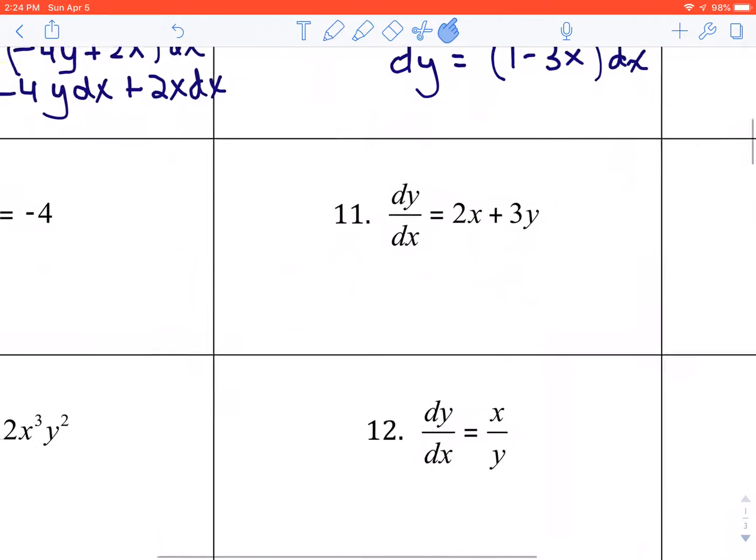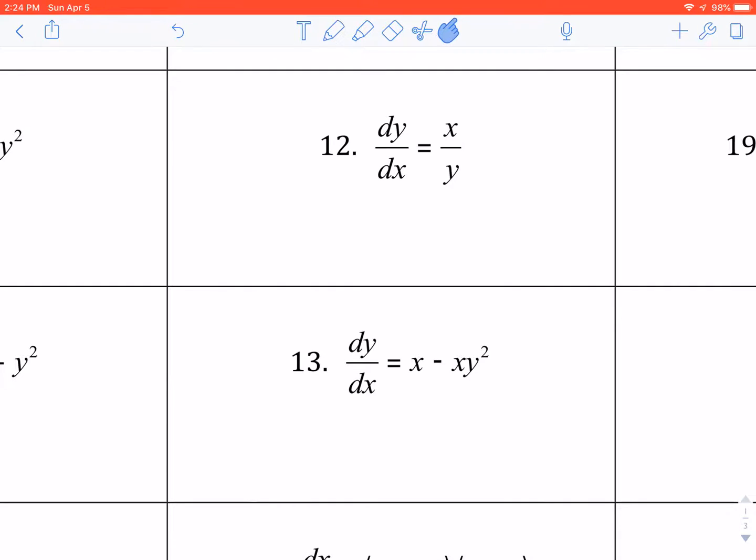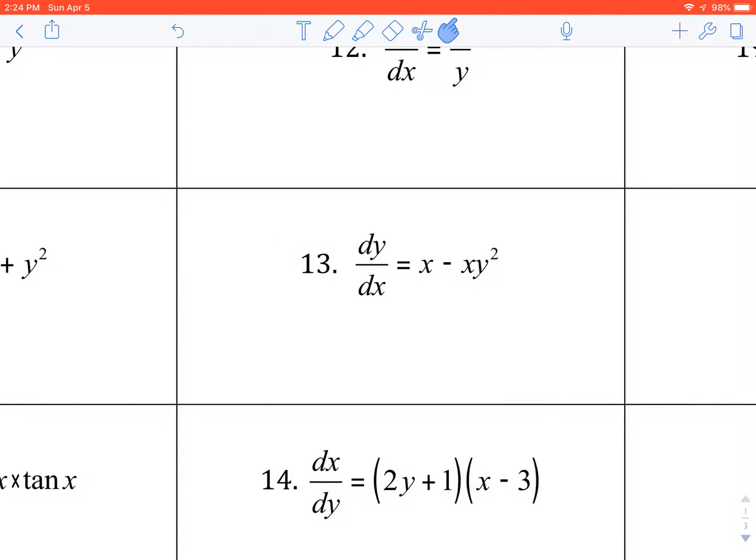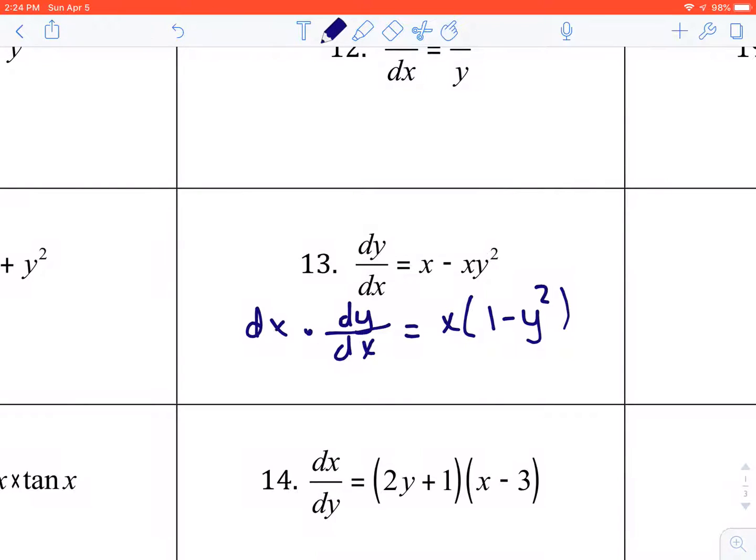Okay, the next one is 13. Think about on that one how we can get the x's with the dx and the y's with the dy. Hopefully you're thinking factor.